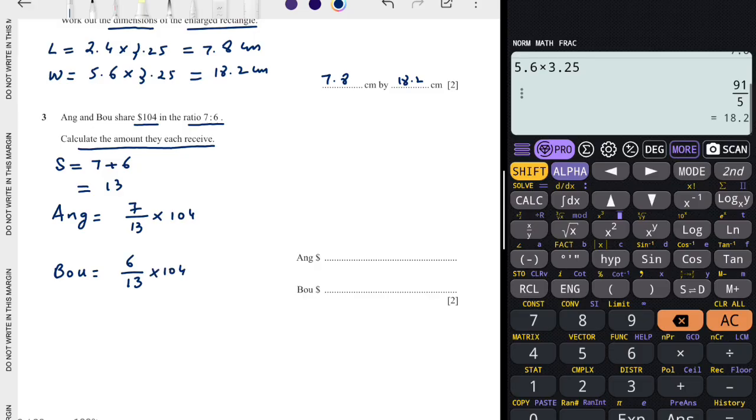We are going to simplify. 104 divided by 13 multiplied by 7. So Ang's share would be 56, and Bo's share would be 104 divided by 13 is equal to 8 times 6, it would be 48.